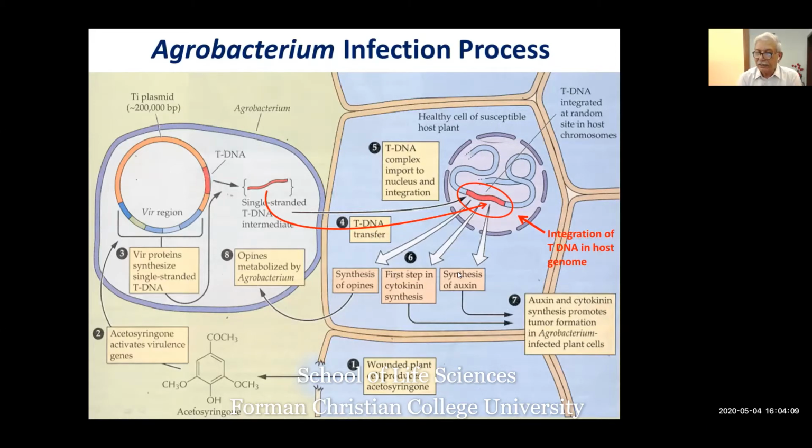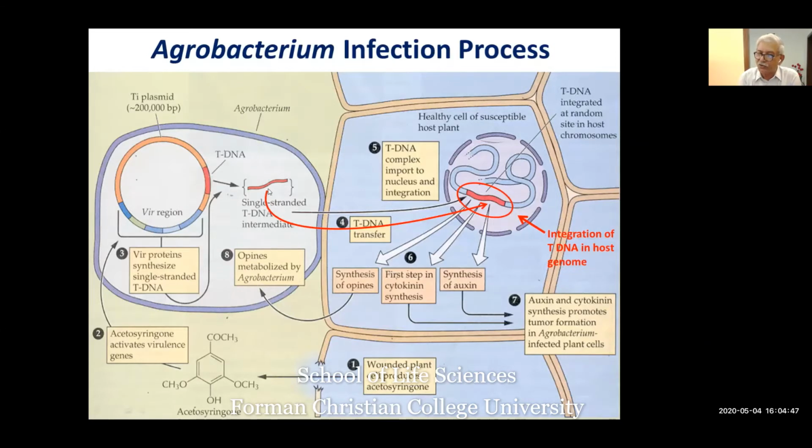Okay? And in recombinant DNA technology, we displace these genes for opines, cytokinins, and auxins with the genes of our interest. When I talk about genes, make sure that these are gene cassettes. Okay, so a promoter, a gene, and a terminator represent one gene cassette. So you can put 1, 2, or 3 different cassettes on this T-DNA using the synthetic Ti plasmid vector.